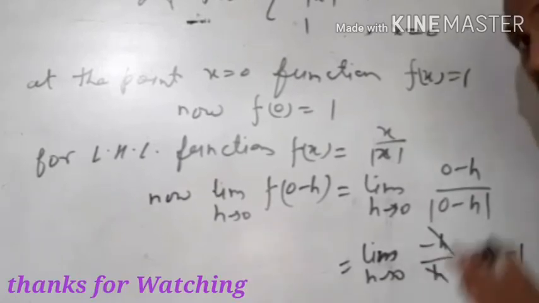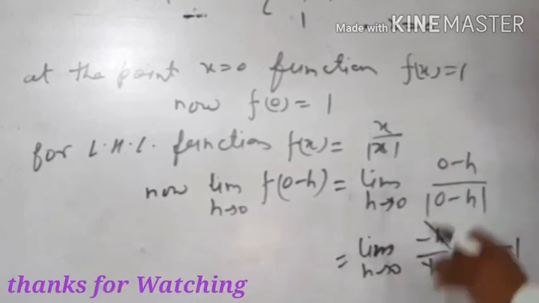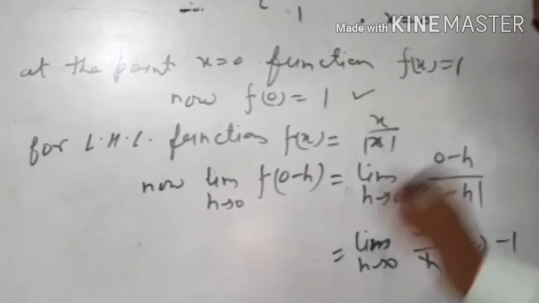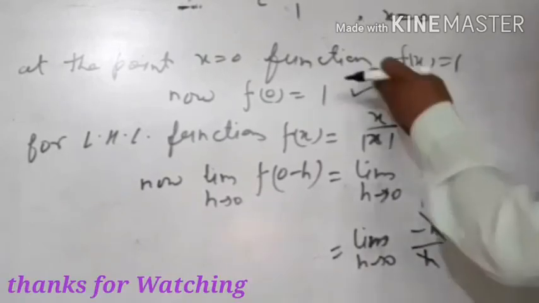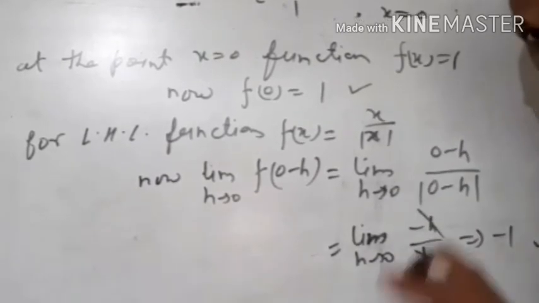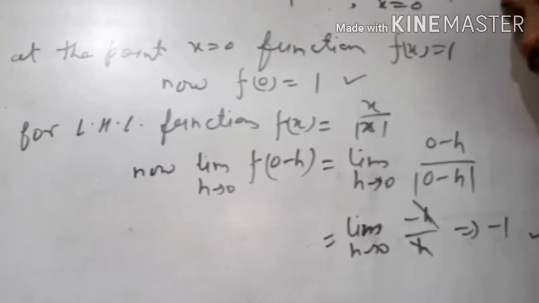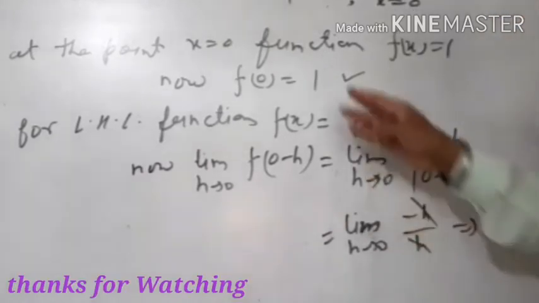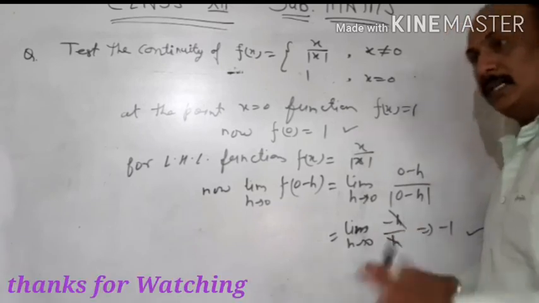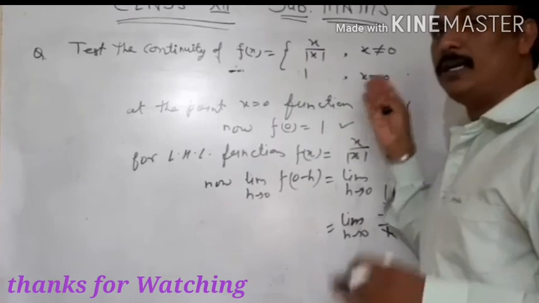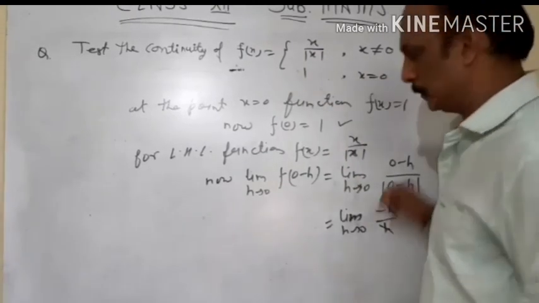Yes, beta. Listen to me first. If the values of f(0) and LHL are not equal, then we need not calculate RHL. Okay? So, we can say here this function is not continuous at x is equal to 0.